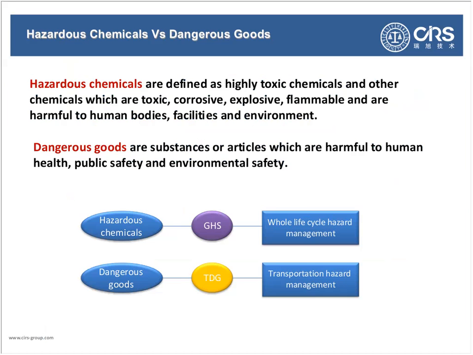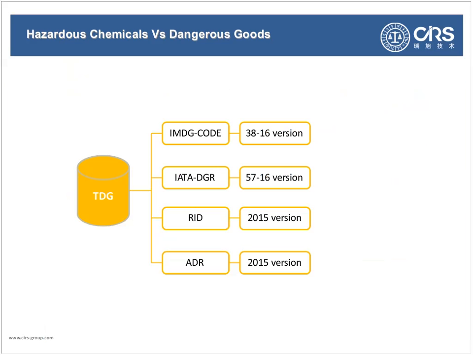The easiest way we distinguish hazardous chemicals and dangerous goods is to use the classification. We all know that in China, the GHS classification totals 28, including 16 physical hazards, 10 health hazards, and 2 environmental hazards. However, the TDG classification only has 9 main classes.